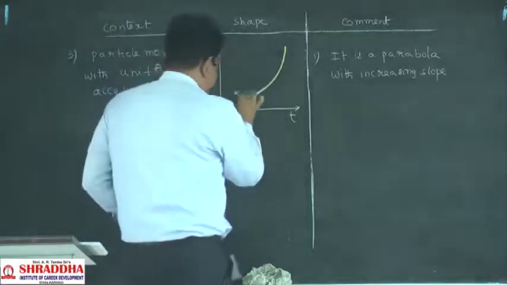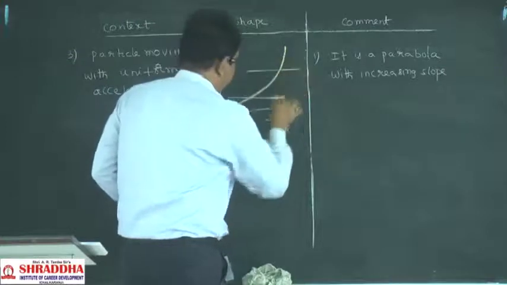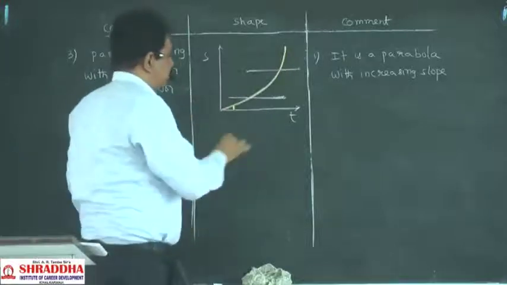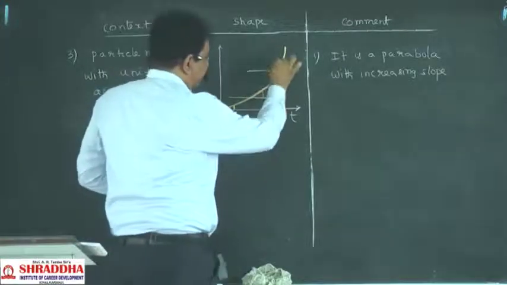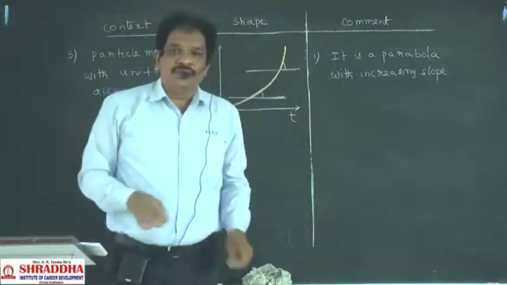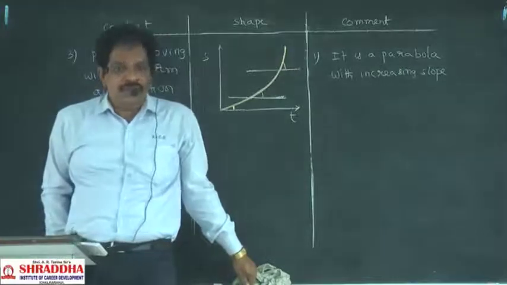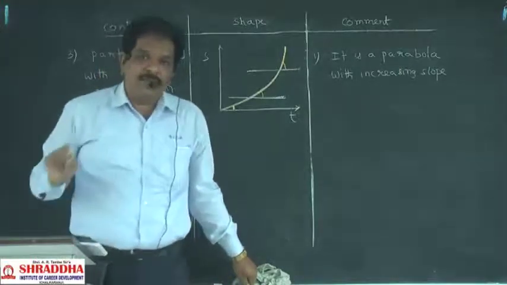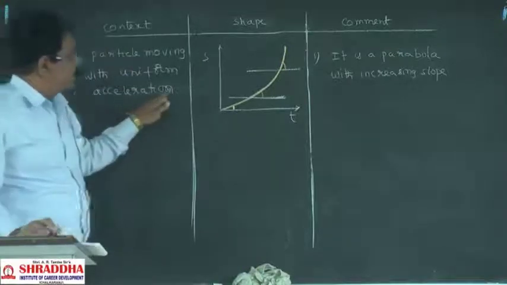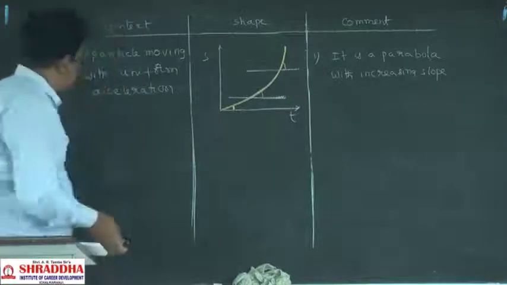Comparing to this angle, if you take this angle and observe, it is gradually increasing. So the graph is a parabola with increasing slope when the body is moving with uniform acceleration. Clear? Next.